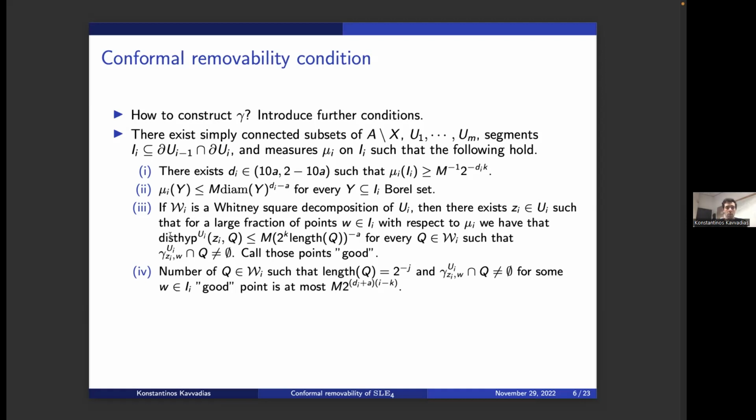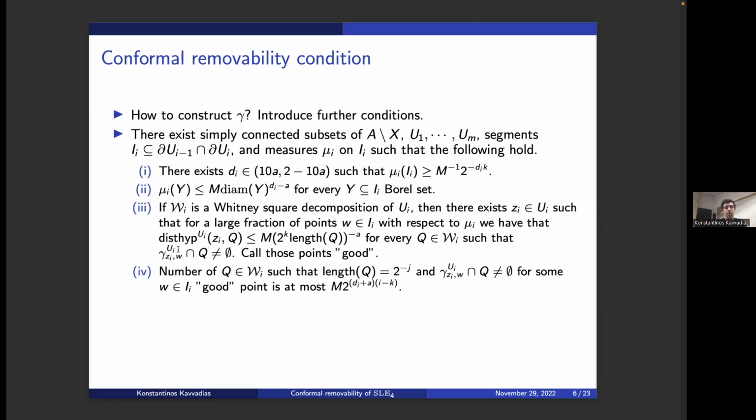So what is not very easy to see is condition 3. Again, we start with the Whitney square decomposition of the set U_i. We fix an interior point, and we require that for a large fraction of points w in the segment I_j with respect to μ_j, we have the following.